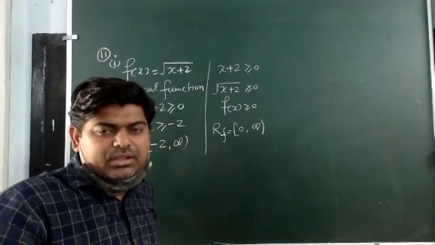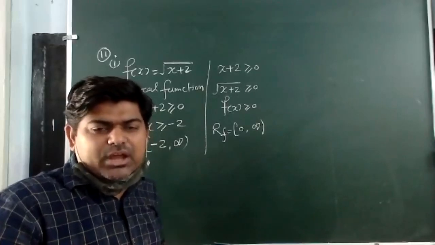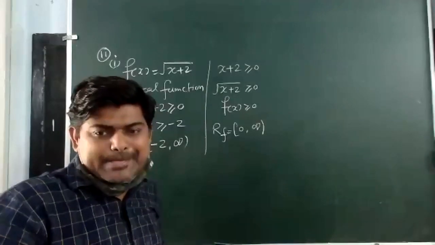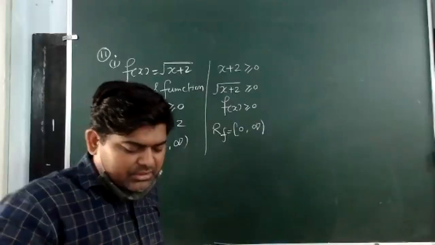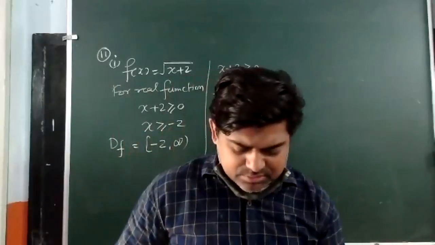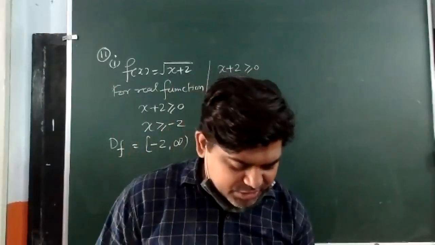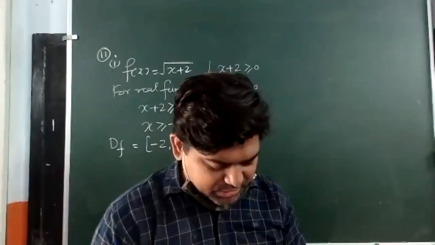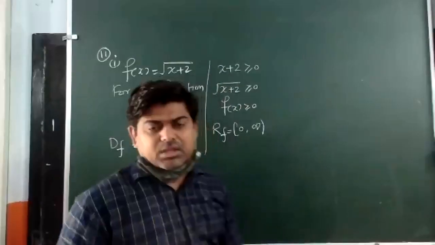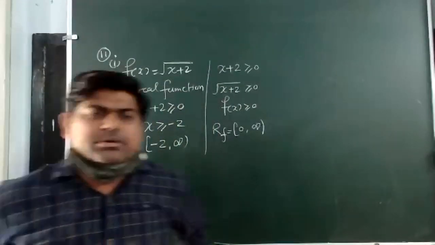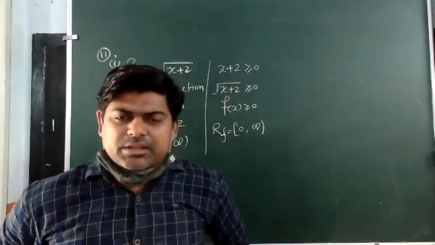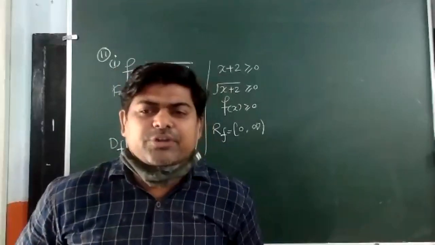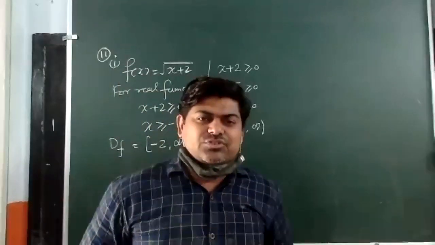Now, one more point is there that I want to discuss with you people. Since we are running short of time, we are getting only 45 minutes, and this is not enough for all these things. I am not able to complete it. If I am discussing question number 12, there are different parts. And in this question number 12, we are bound to take f(x) is equal to y.